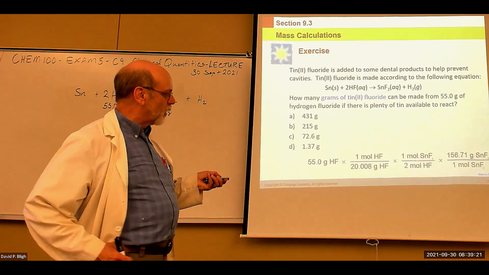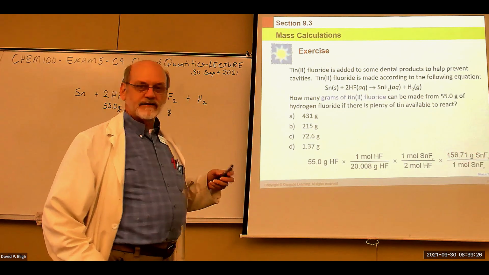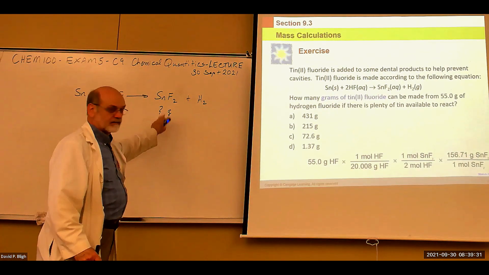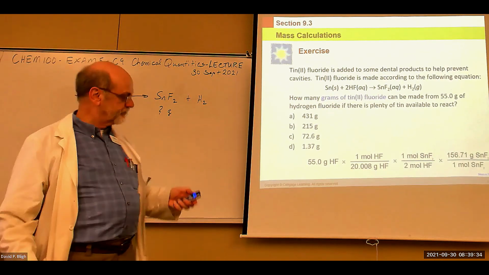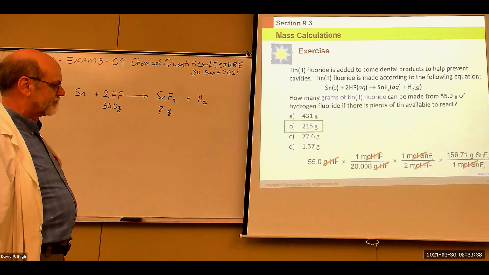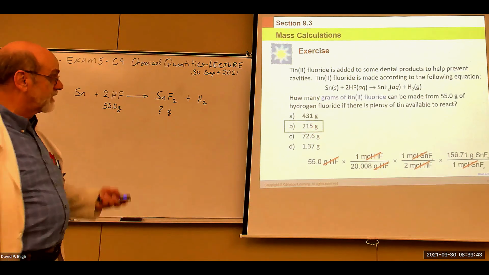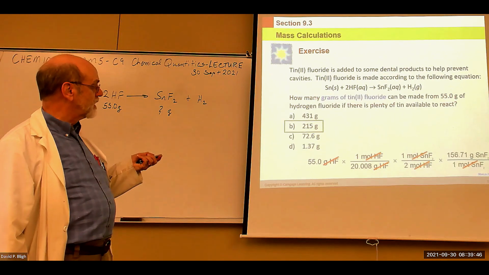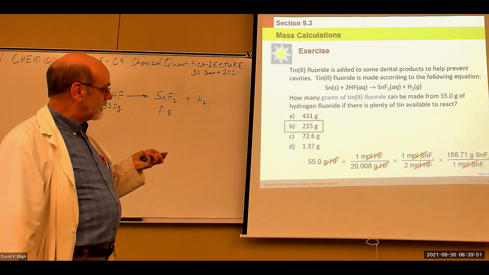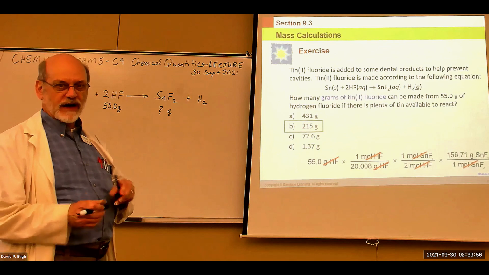And then now that we have moles of tin(II) fluoride, we use the molar mass of that compound to find the mass, the answer, right there. It turns out it's equal to 215 grams. That means if we start off with 55 grams of hydrogen fluoride as the acid, this reaction will end up with 215 grams of tin(II) fluoride.